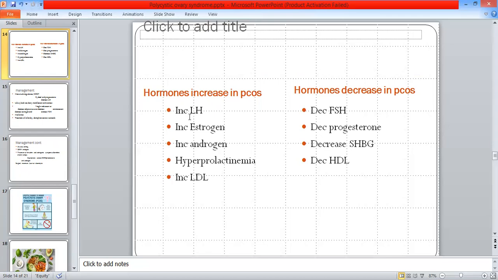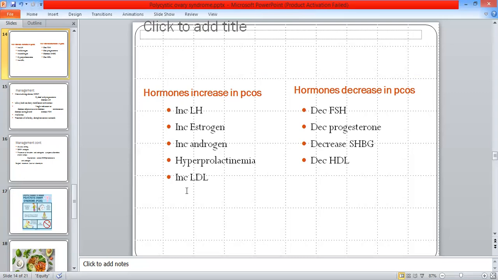The main thing is luteinizing hormone, which is much increased in patients with polycystic ovary syndrome, and due to this the estrogen level is increased, the androgen level is increased, and in some patients there is hyperprolactinemia. The prolactin level is also increased.